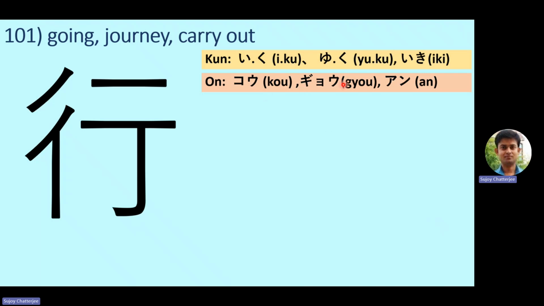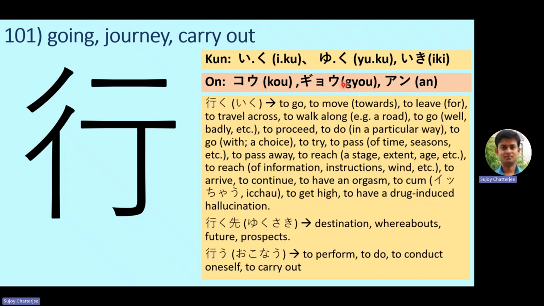Now let's take a look at the usages or the different words that can be formed using this. The first word is iku, which is the most common one, which means to go. That is, iku is the stem verb for to go somewhere.